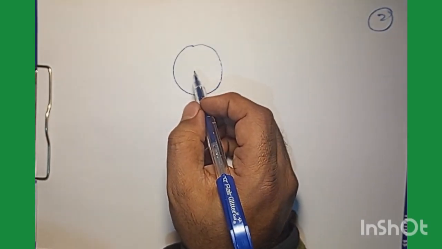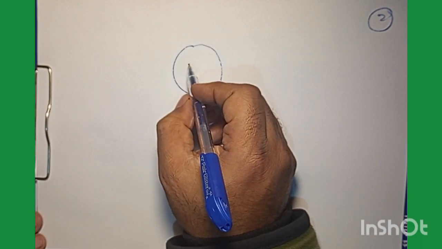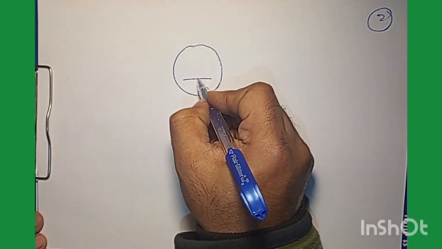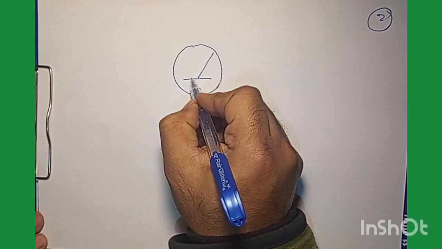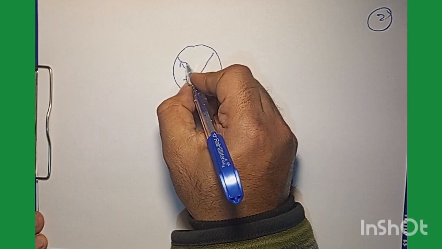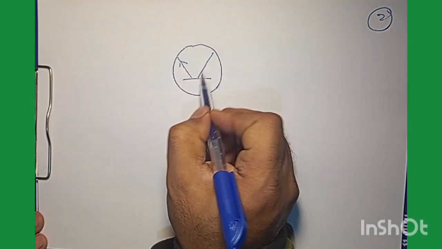The necessary condition for the NPN transistor in terms of the symbol is the arrow. Let me assume this is the base, this is the collector, and this is the emitter. At the emitter side, if the arrow is pointing like this, this is an NPN transistor.